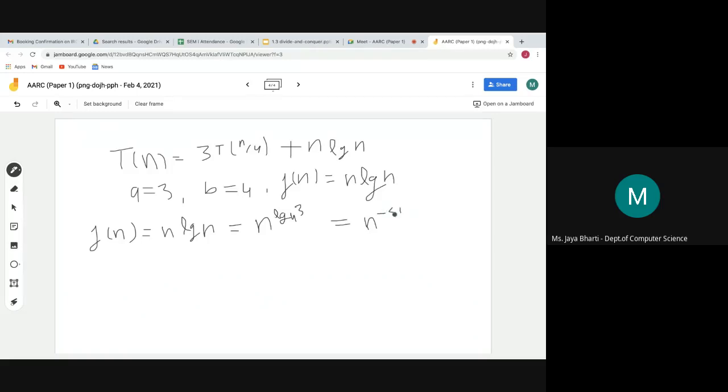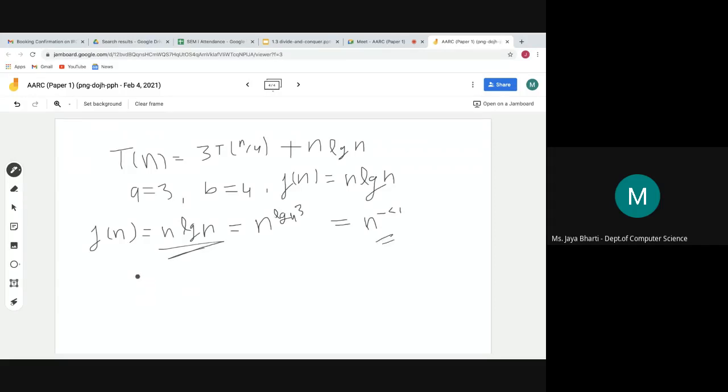Okay, so agar ye hamara less than 1 hai, toh agar hamein isse ise equate karna hai toh we need to add something. Okay, so you need to add some epsilon constant value to equate this. So it will fall under the third category. Okay, kyunki abhi hamein equate karne ke liye kuch add on karna pad raha hai. So we can say that this is the larger part and this is the smaller part simply.